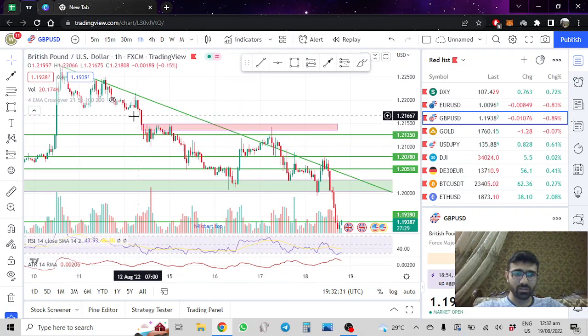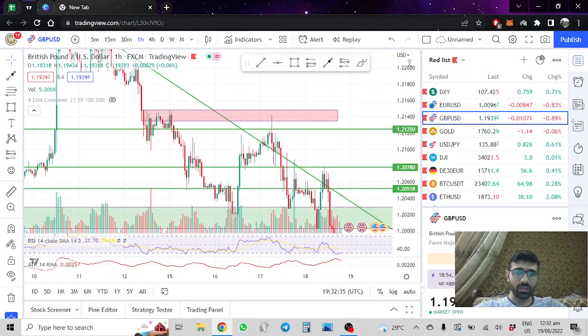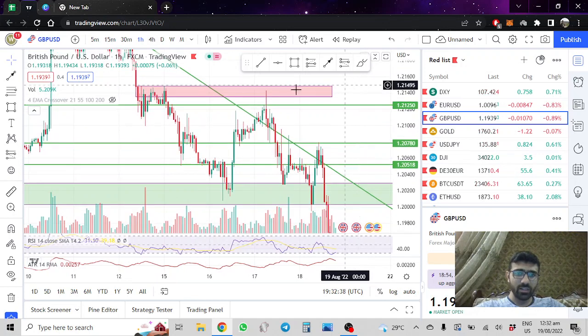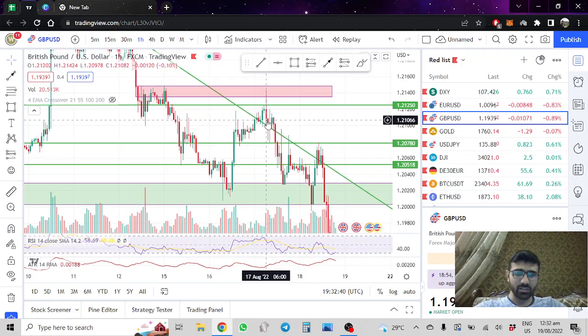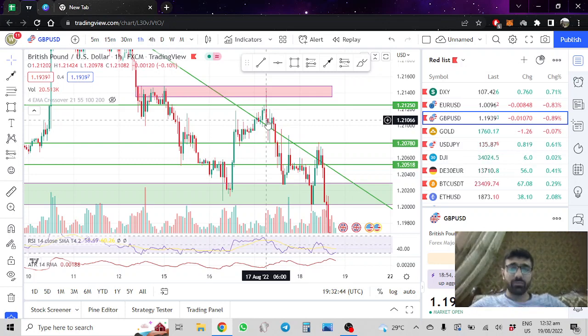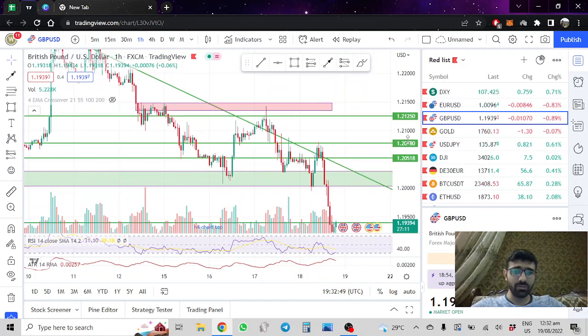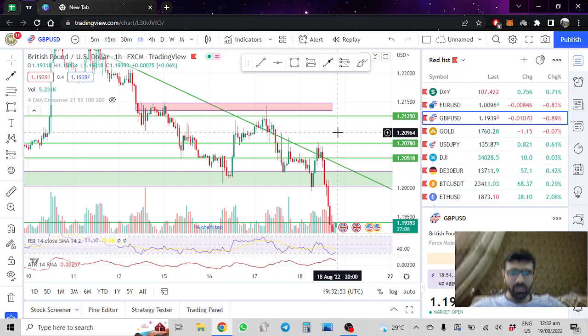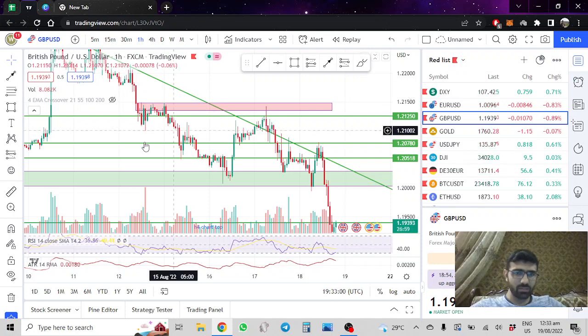I marked this whole box for you guys, and you guys can see how wonderfully this area was respected. This area was tested, and the market closed below this area. And if you guys would have taken a trade, then you can clearly see that the market has gone so down that you could have made a profit of at least 1 by 5 or more.